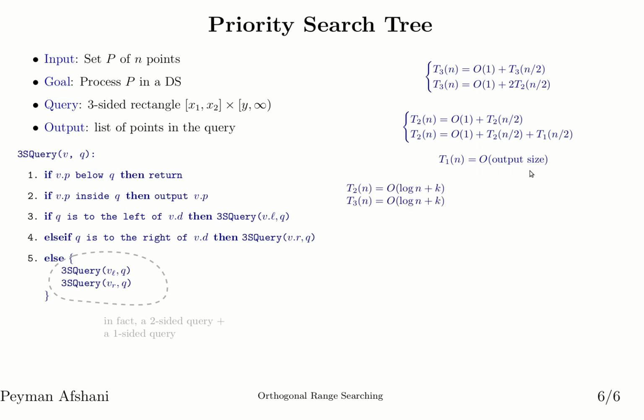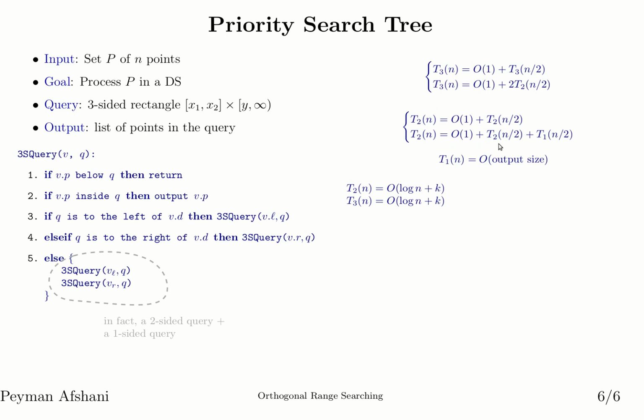As I said, the first branch of the three-sided query can at most solve to log n plus 2 times recursion on a two-sided query. In a two-sided query, the first branch is always less costly than the second branch. So the second branch solves to this recursion, and as we saw, T1 of some input points is essentially O of the output size. The sum of all the output sizes is k.